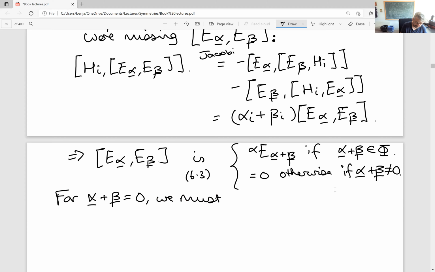So for this case, we need to consider the Lie bracket of E_alpha with E_minus alpha.